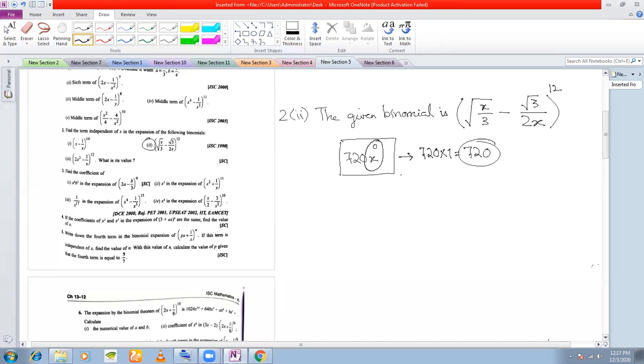So therefore, this term is actually independent of x, which simply means that whenever the power of x is 0 in a particular term, only then we can say that term is independent of x. So please take a note of this, that the power of the variable must be 0 in that particular term for it to be independent of x. So in this expansion, what is n? n is 12.